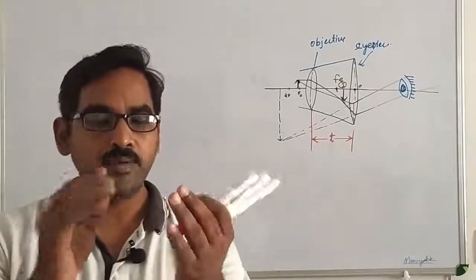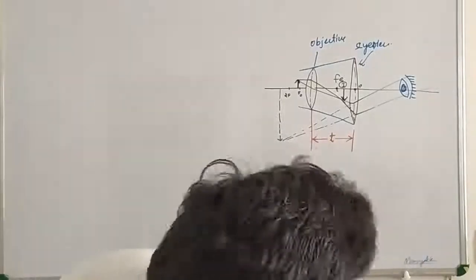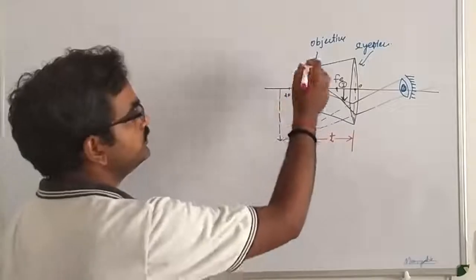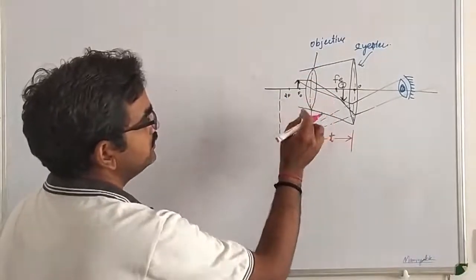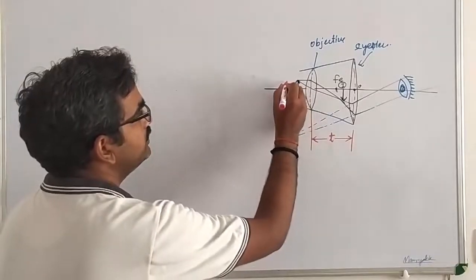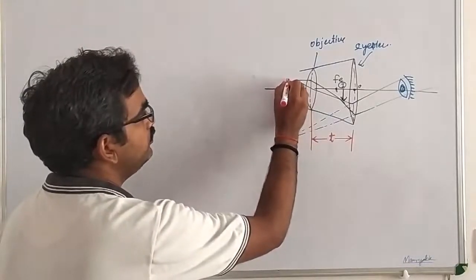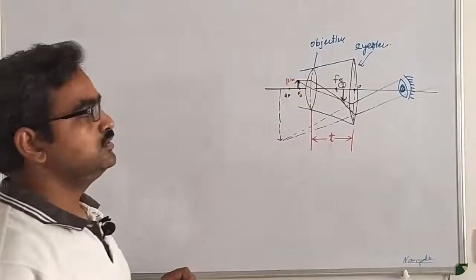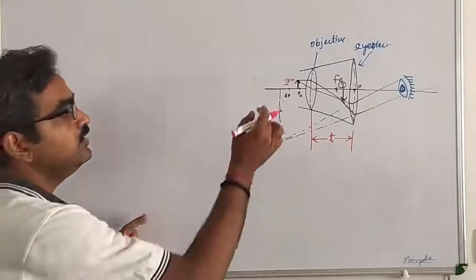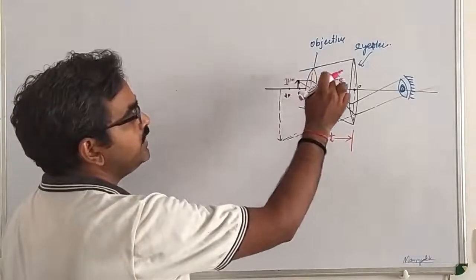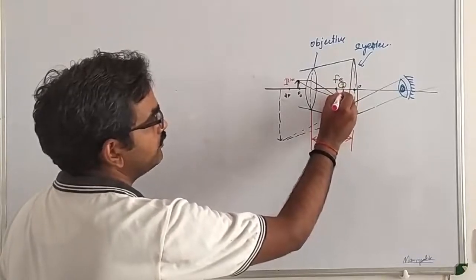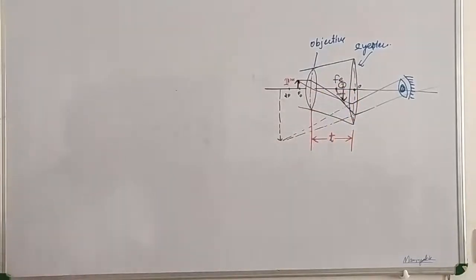To understand it, suppose for the objective lens we have an object that is 1 micrometer in dimension, and from that we are getting an image that is, say for example, 10 micrometers.